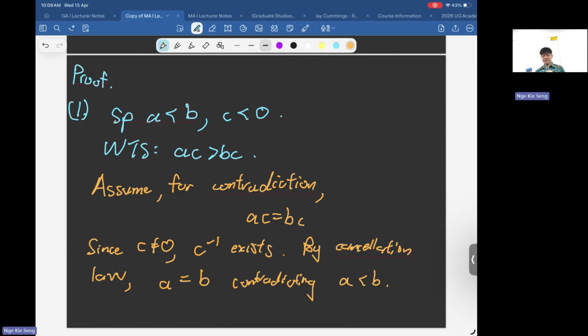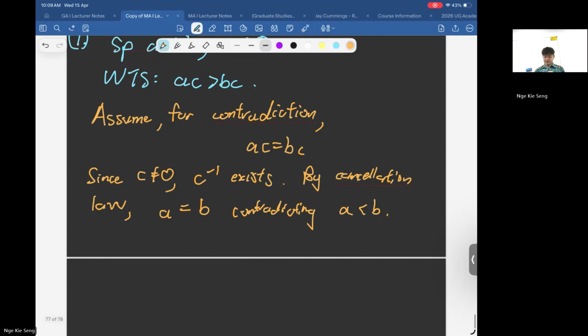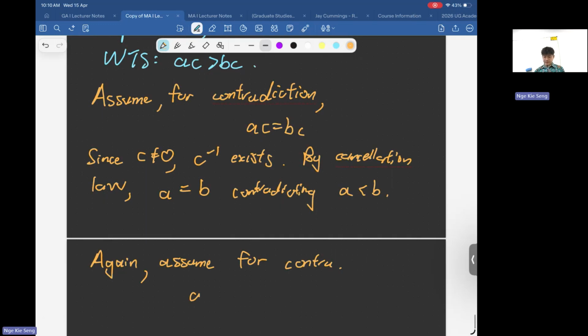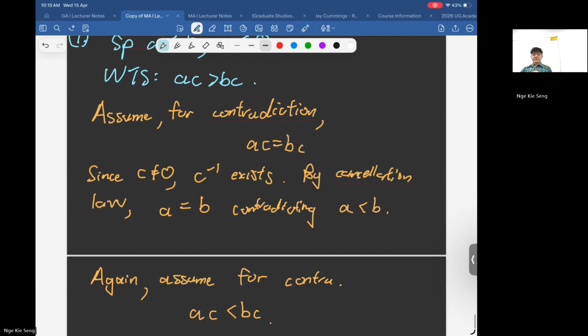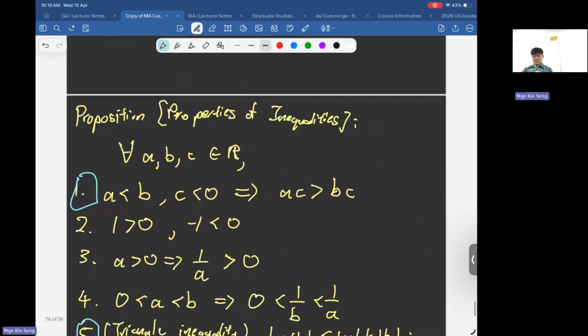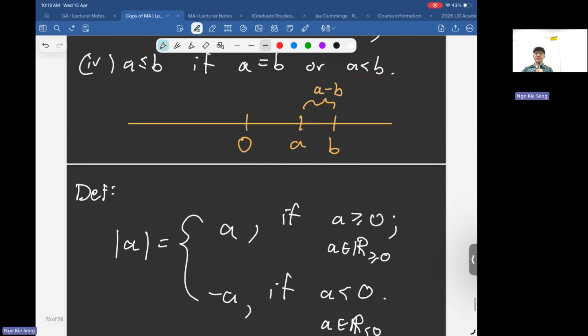We still need to handle another case, if you want to use trichotomy. So what's the other case? Again, assume for contradiction AC less than BC. So what do you do next? Do we have that kind of property?